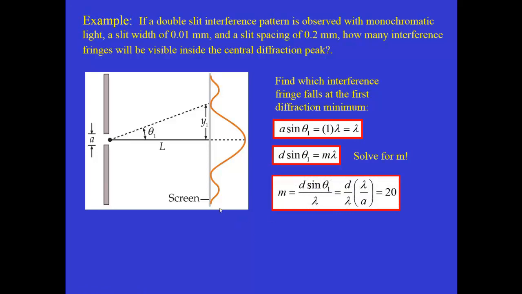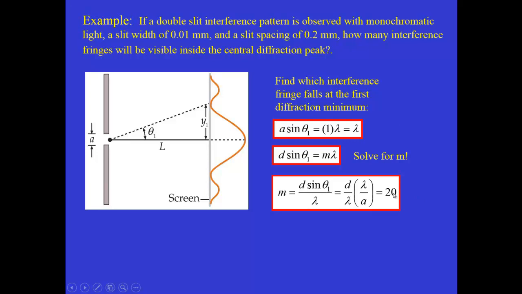And that's easy to see. m is d sine theta 1 over lambda from the second equation, and we can replace sine theta 1 with lambda over a, like this. So the lambdas cancel, and we get m equals d divided by a. d is 0.2, a is 0.01, and so we get an answer of 20.